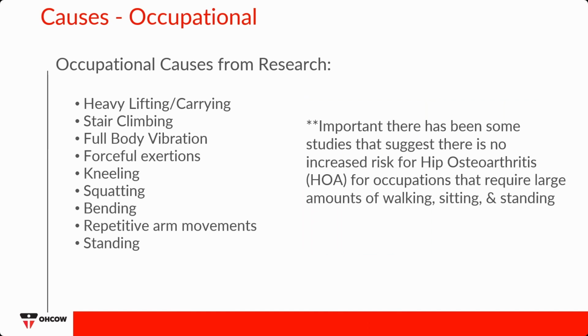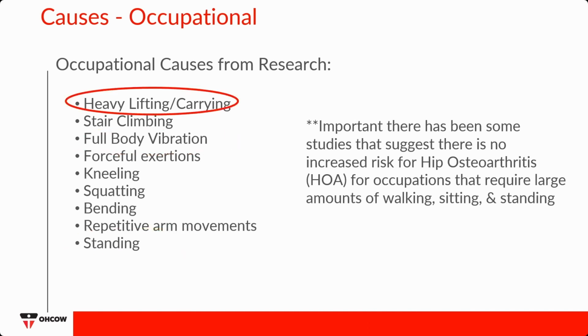When looking at these different industries, the risk factors they had in common that could lead to the development of hip osteoarthritis were heavy lifting and carrying, stair climbing, full body vibration, forceful exertions, kneeling, squatting, bending, repetitive arm movements, and standing.